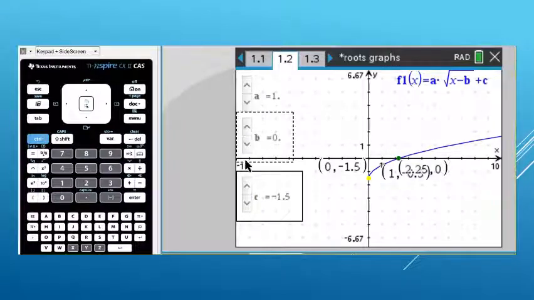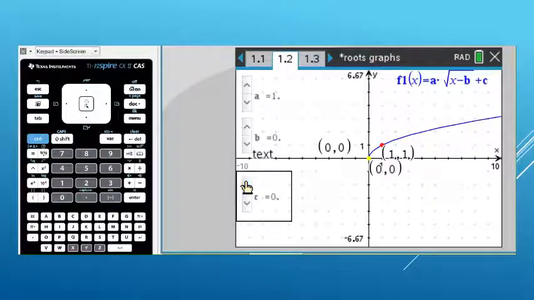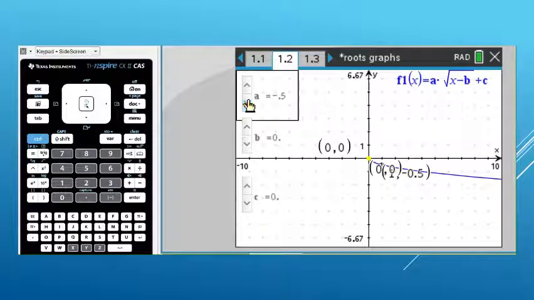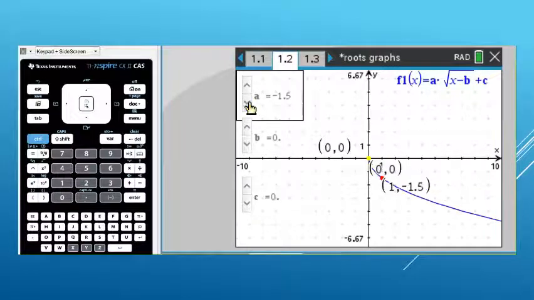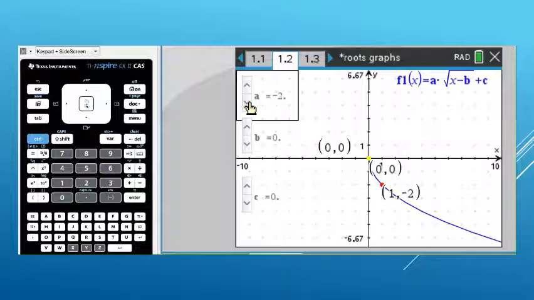So I'm just going to put C back to 0, and let's see what happens when I make A negative. Making A negative causes the graph to be reflected in the x-axis, so this is our mirror line, the x-axis, but A still does its dilating effect. So if A is negative 2, it's a reflection in the x-axis and a dilation effect of 2.